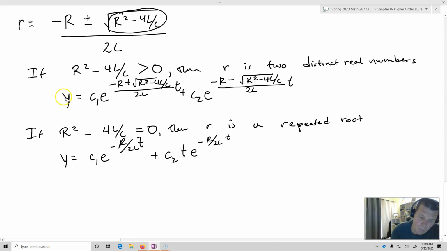And by the way, this is not y, actually, this is q, because remember, we're looking at q. Particularly, this is Qc, our complementary solution. It's the solution of the homogeneous part.